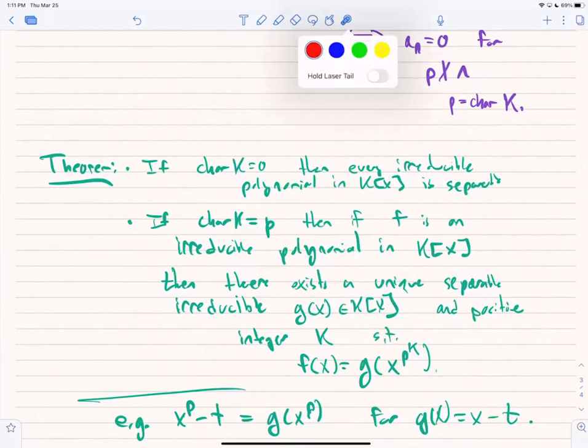And the only thing that's maybe not completely clear at this point is why this polynomial g(x) is automatically going to be irreducible. But if you think about it, it's pretty clear. If g(x) is reducible, then f(x) is also reducible, just because you substitute in the same factorization. So if g(x) is reducible, then f(x) is also reducible.